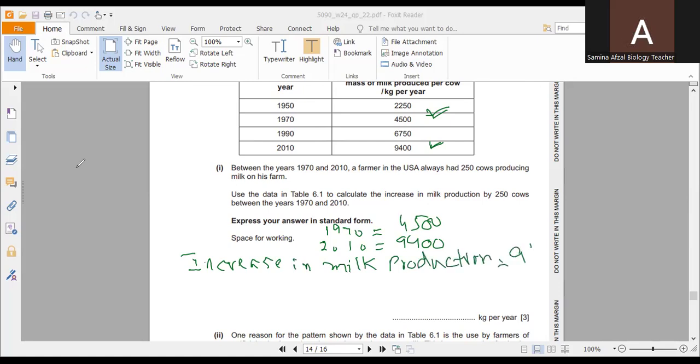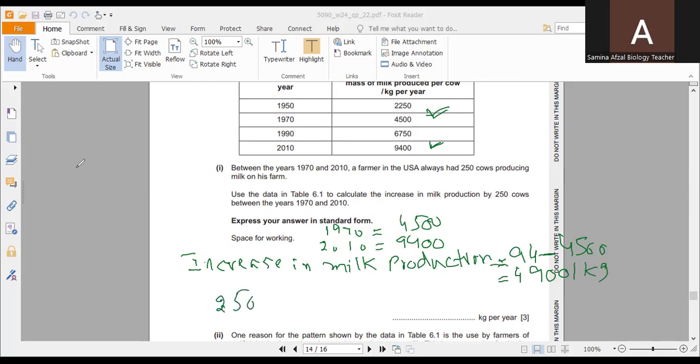The increase in milk production is 9400 minus 4500, which is equal to 4900 kg for one cow. But we have to find it for 250 cows.